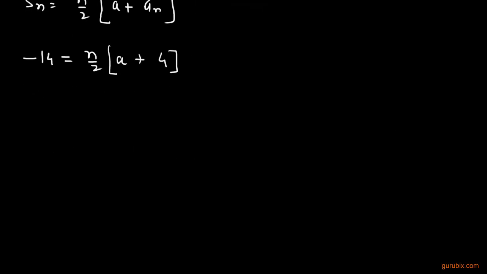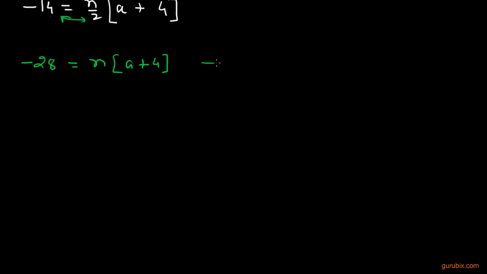Now we multiply minus 14 by 2. We get minus 28 equals n multiplied by (a plus 4). This is equation number 1.